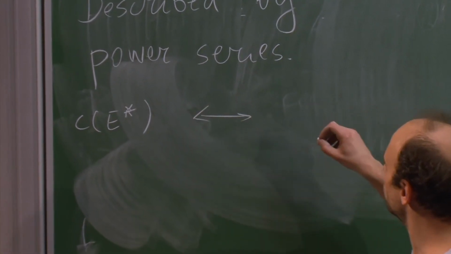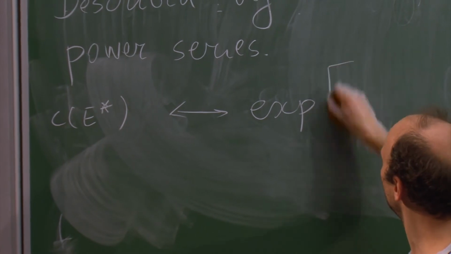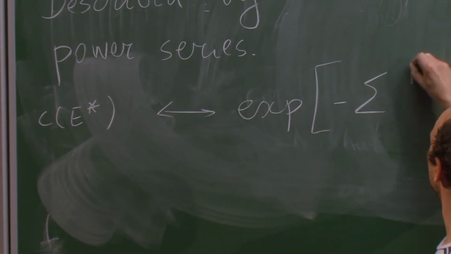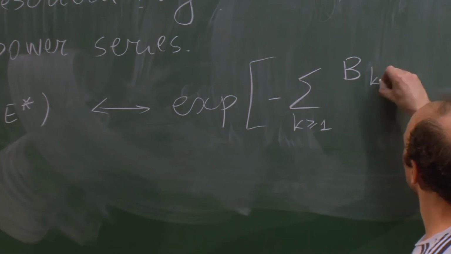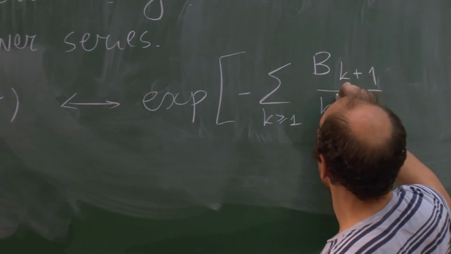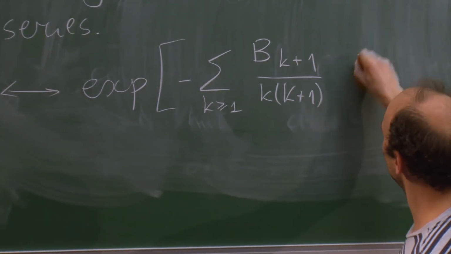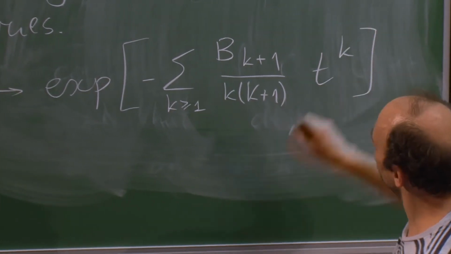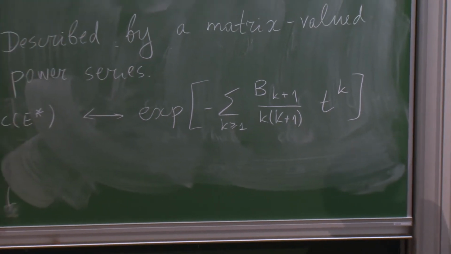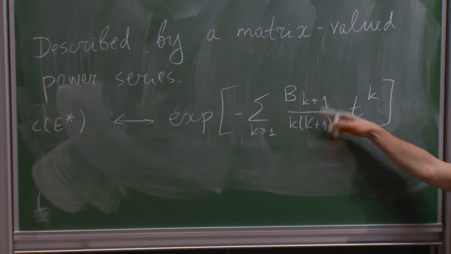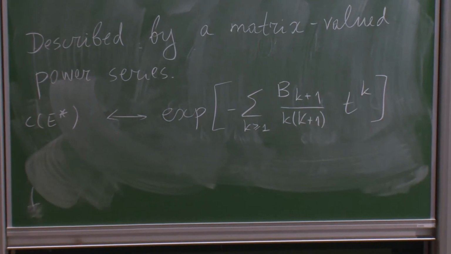It corresponds to the exponential of minus the sum over k greater than or equal to 1 of B_{k+1} over k(k+1), t to the k. So that's the Bernoulli number. Actually, one term out of 2 is equal to 0 because the odd Bernoulli numbers vanish.